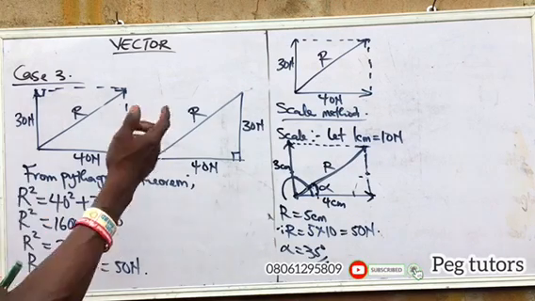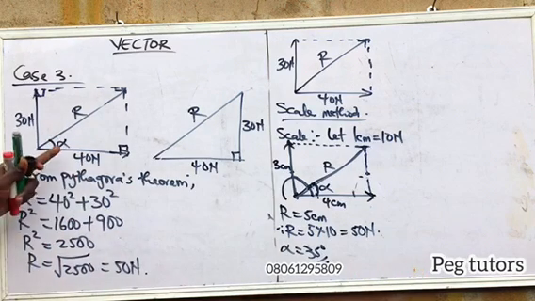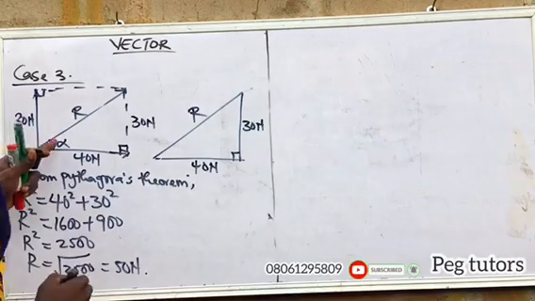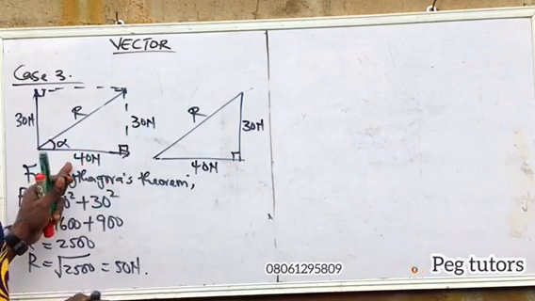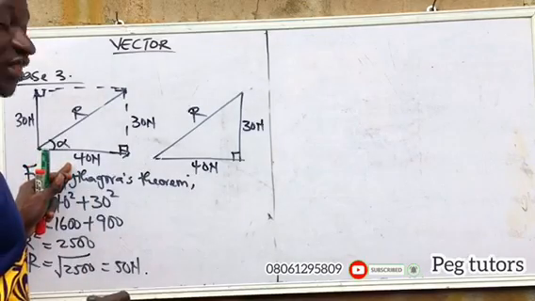Then next is the direction for the resultant vector. So direction is also always here. Don't forget, here is your direction, alpha. Now, how do we find our alpha? So your alpha now becomes opposite over adjacent. The trig ratio for opposite over adjacent is tan.